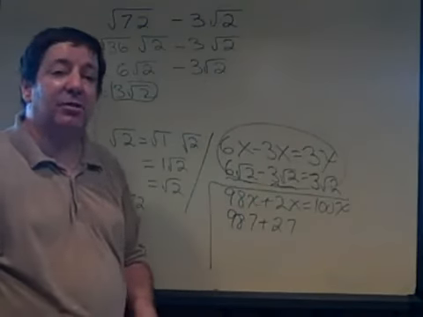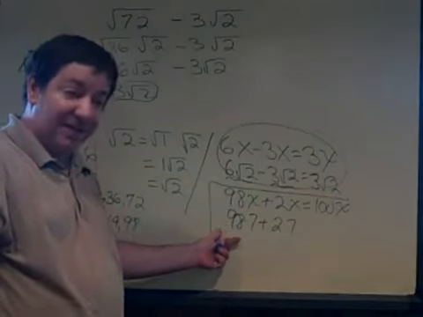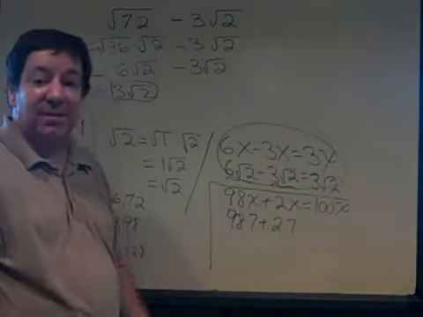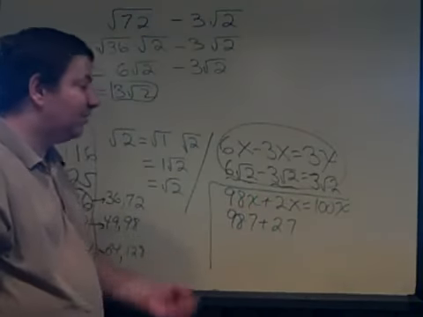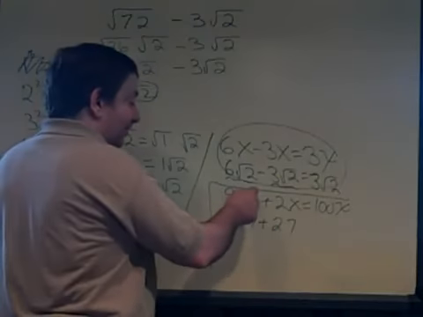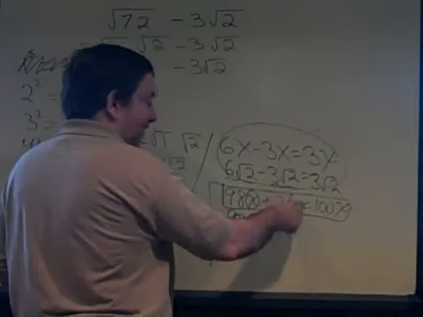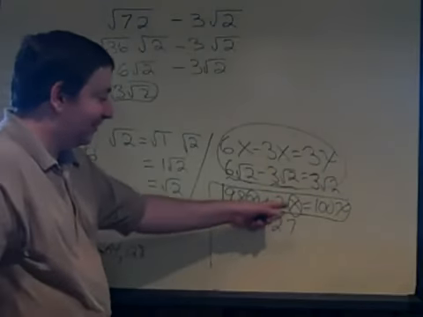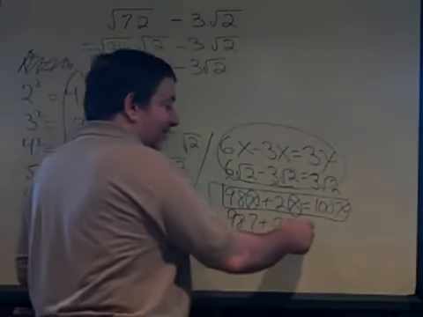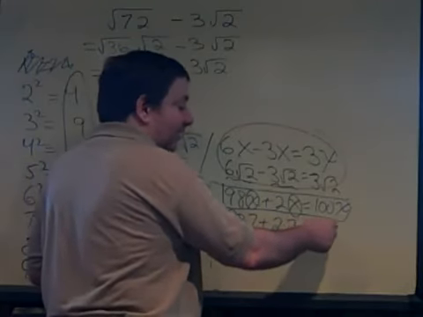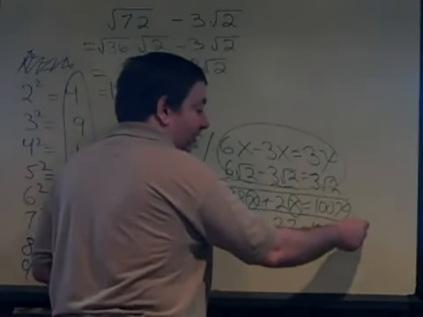Or give me a pencil and paper so I can compute 98 times 7. You don't need to do that. This is the same as the problem above, except I'm just being nice and I'm telling you that x is the number 7. This is nothing more than 100 times 7, which is 700.